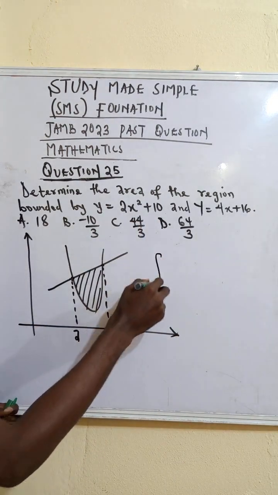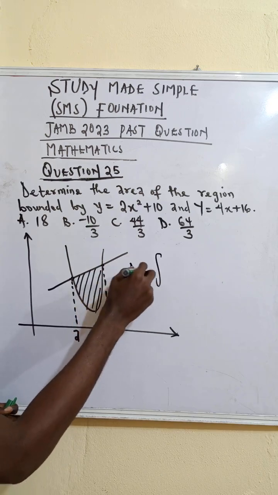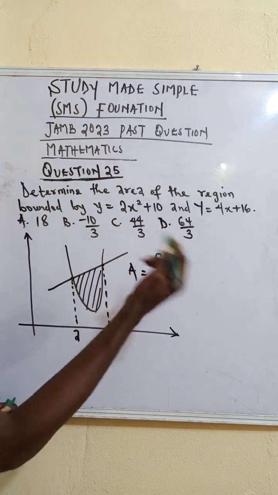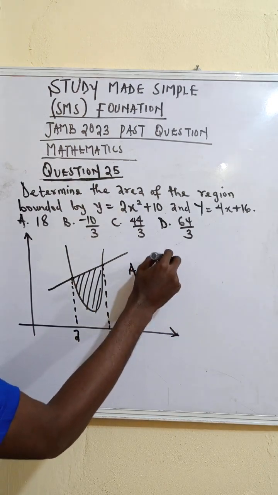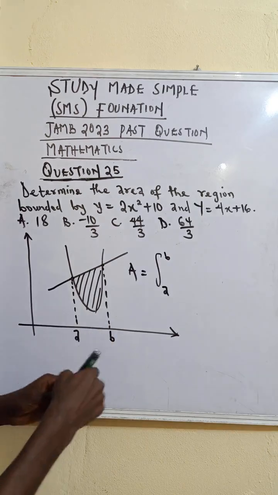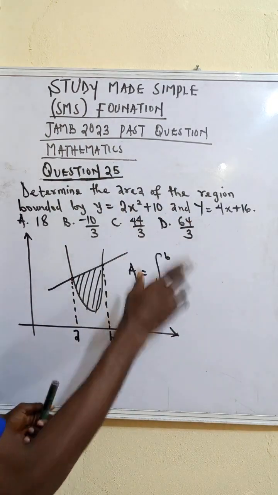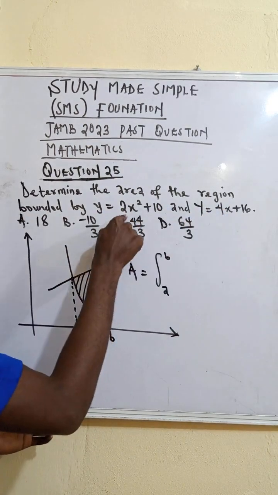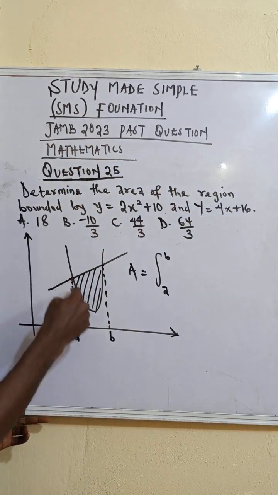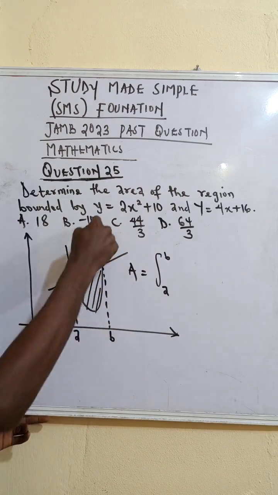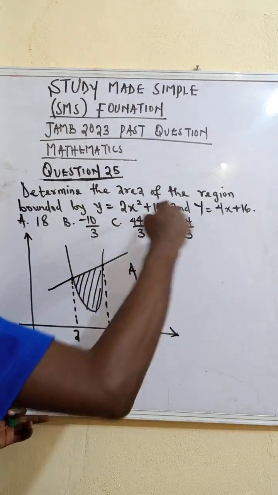I'm going to integrate, that is, the area of this region will be the integral from A to B of these two functions. I am going to subtract the lower function from the upper function. Looking at this, you see that the curve is going lower, while the straight line is going above.